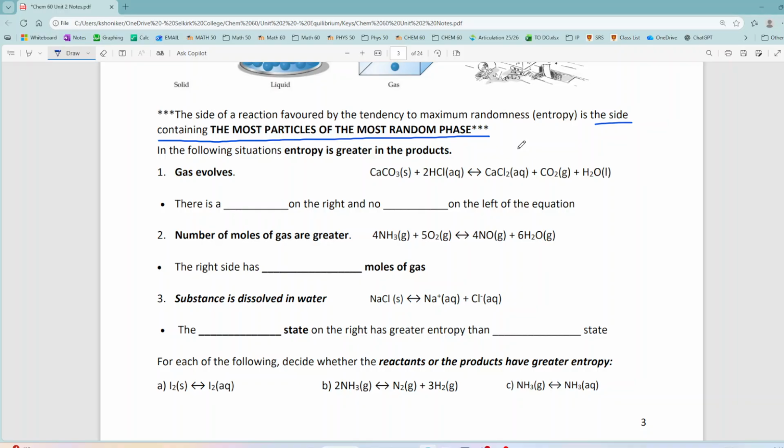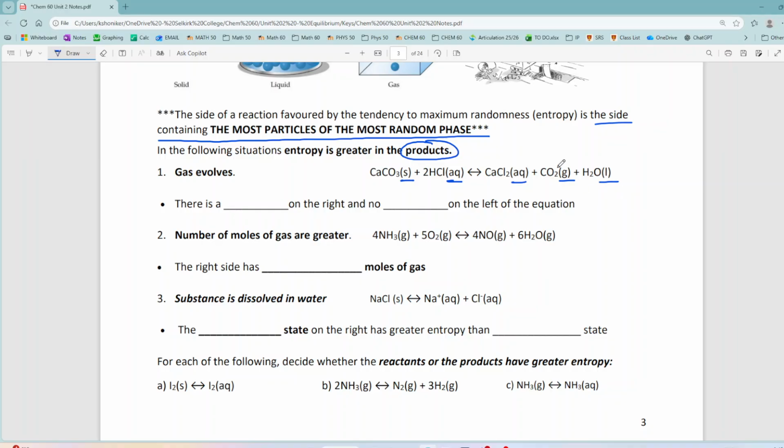So I've given you 3 scenarios here that we're going to talk through, and then I've got 3 reactions at the bottom that we have to decide which side has greater entropy. So in all of these cases, the entropy is going to be preferred in the products. Okay, so we're going to figure out why the products have more entropy. If you look at this first reaction, you have a solid state mixing with an aqueous state to form aqueous, gas, and liquid.